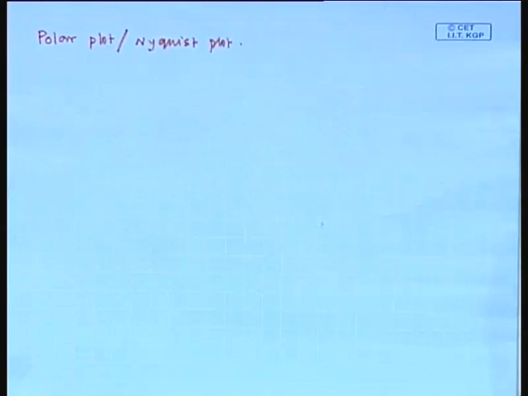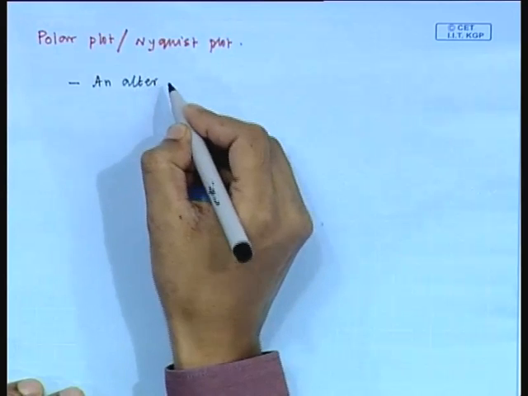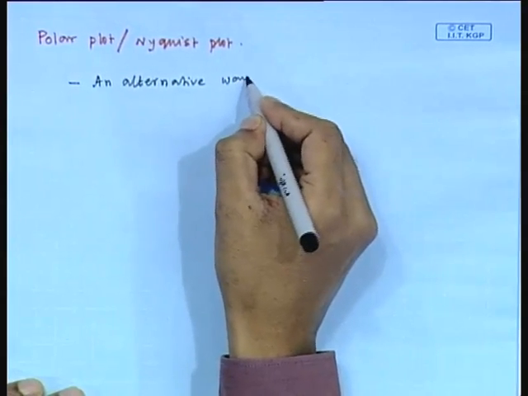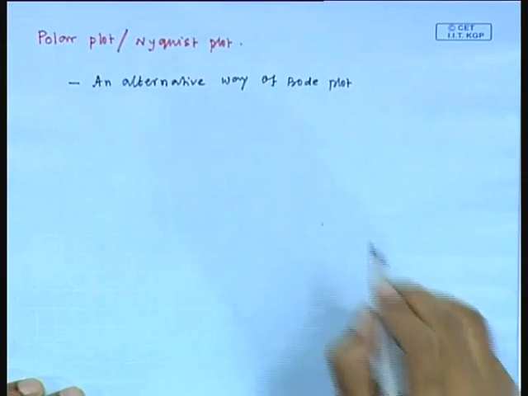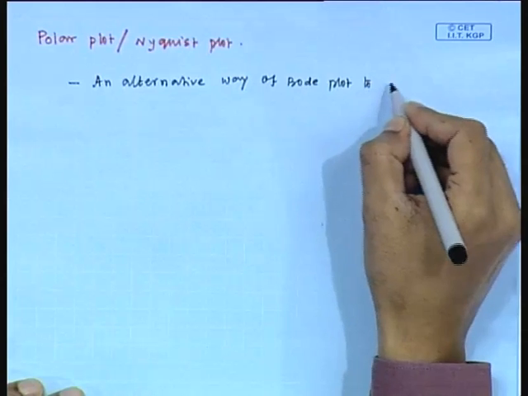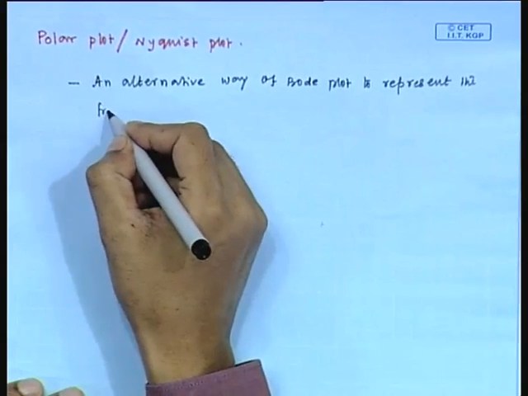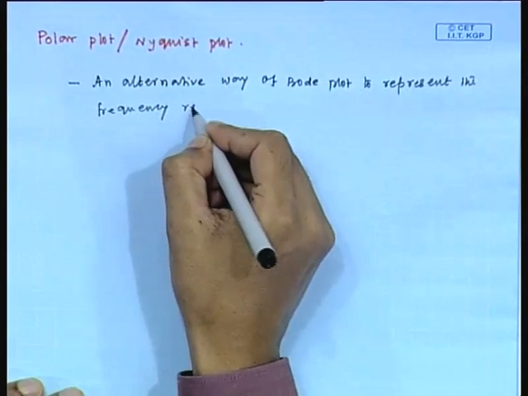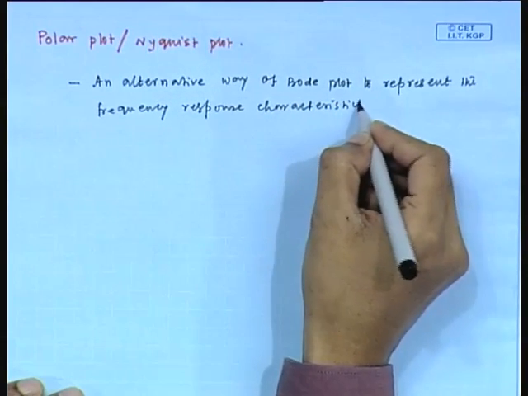Now, a Nyquist plot is an alternative way of Bode plot to represent the frequency response characteristics of a dynamic system.